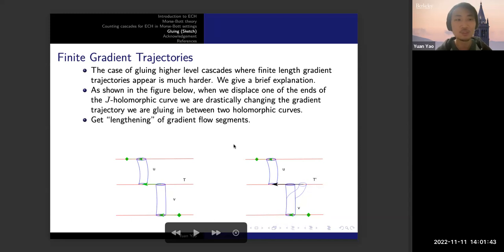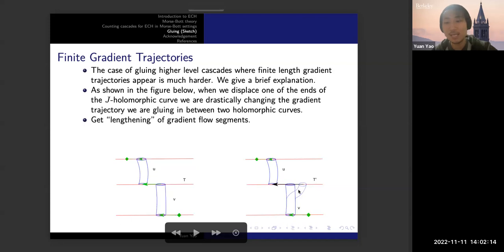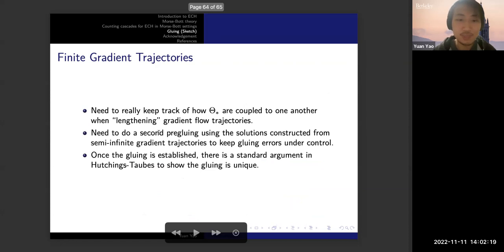You pre-glue another set of solutions on top of the original pre-gluing, to understand as you move these ends around how the equations are coupled to each other. That's where most of the difficulty is. I can talk about this more towards the end, where I can also annotate. But for the finite case, when you move these ends around in the pre-gluing, you have this drastic lengthening of the gradient flow between them, so you do a second pre-gluing to keep the errors under control.